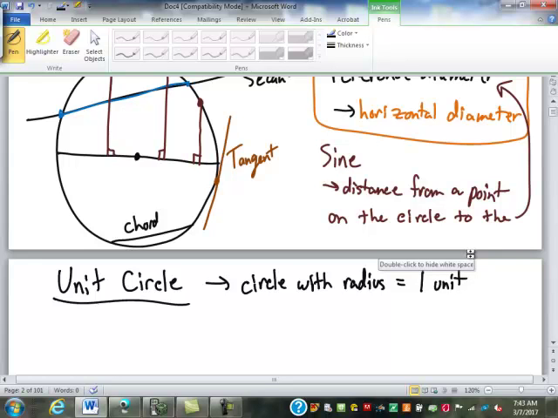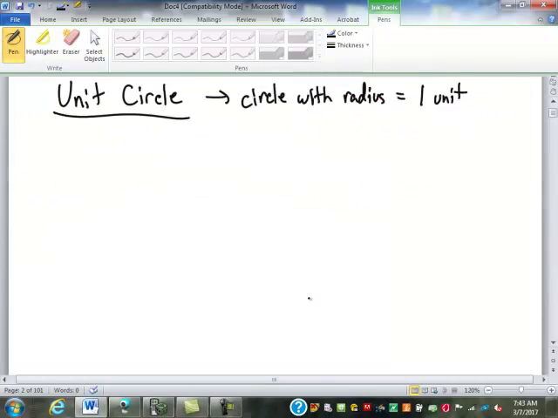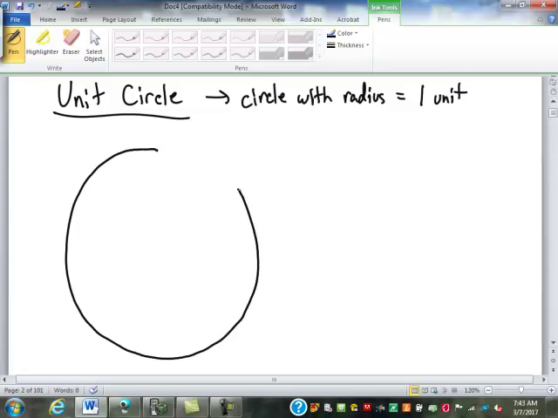It's just 1 unit. So I'm going to create a reference diameter on this circle. Then I'm going to create a vertical diameter as well. Sometimes referred to as the vertical reference, but the main reason I am doing a horizontal and vertical is I want to create a perpendicular. Obviously, vertical is always perpendicular to horizontal.